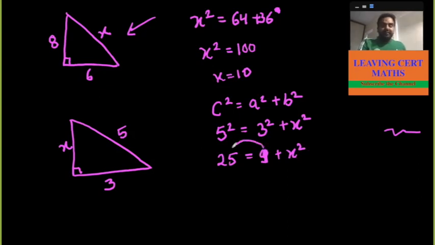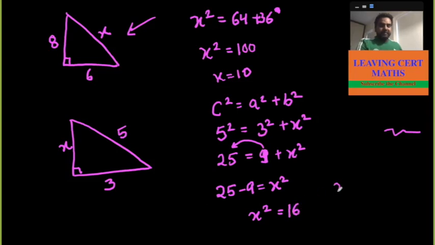Now can we shift this one to this side? You can shift. Is it not true? So what is your x square? 25 minus 9, which is 16.